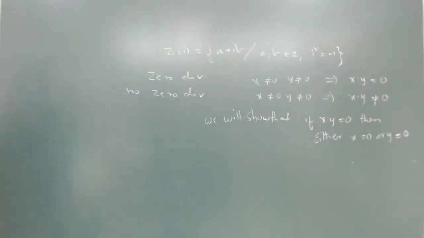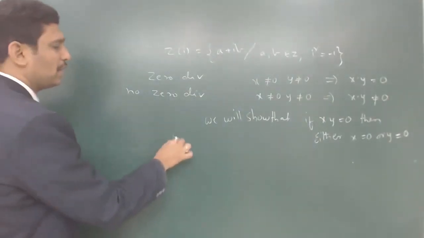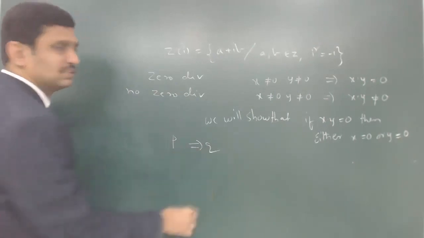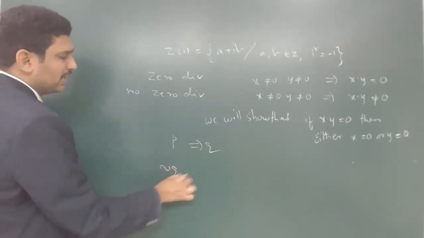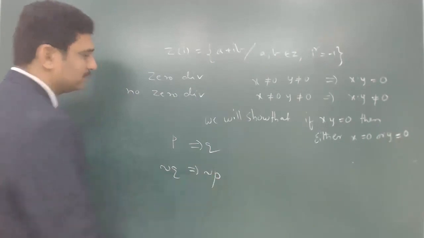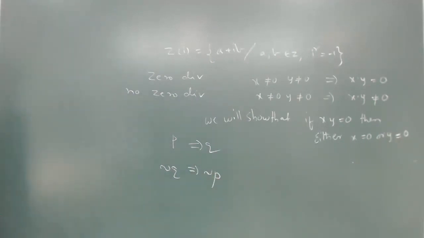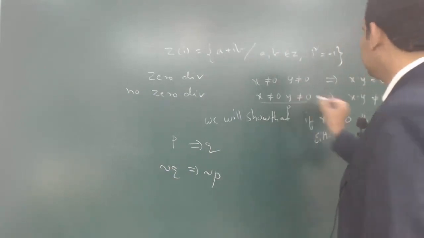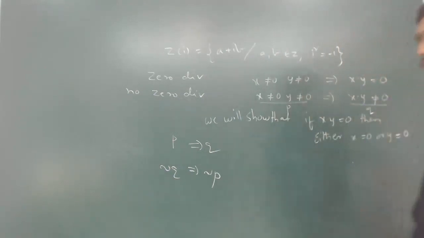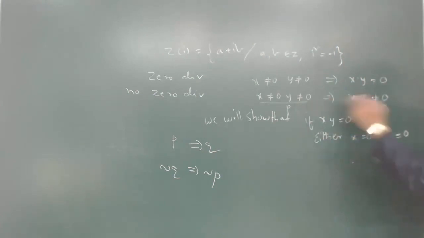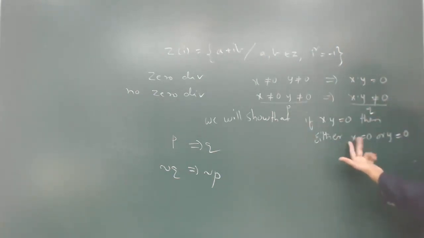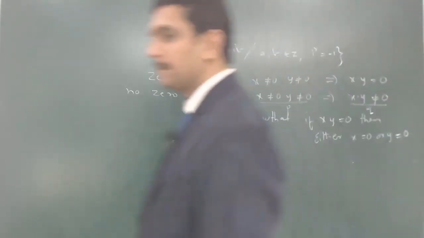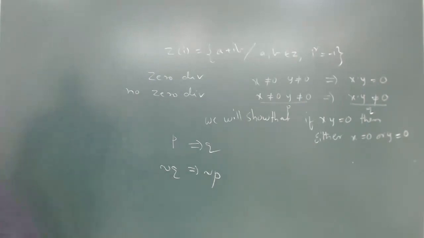As I already discussed in the previous class, if you want to show the statement P implies Q, it is better to prove negation of Q implies negation of P. This is just like the statement P, this is just like the statement Q. So apart from showing P implies Q, we will show that negation of Q implies negation of P. If we have proved this, it has no zero divisors. Accept it all?